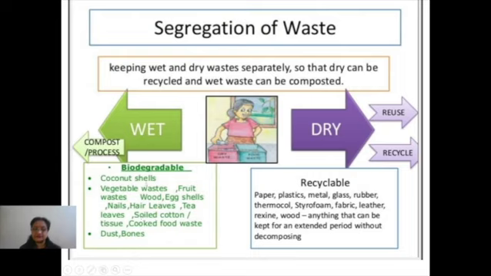These belong to the biodegradable waste. And what is recyclable waste or the dry waste? These are paper, plastics, metal, glass, rubber, thermocol. These belong to the recyclable waste. Many of these things can be reused again. So they all come under the category of dry waste.